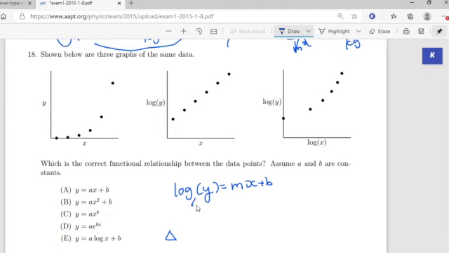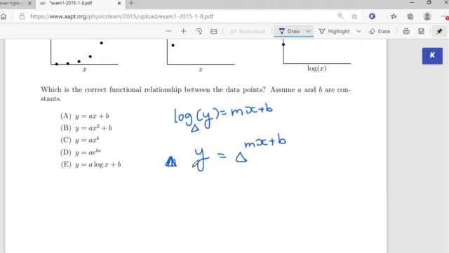So the base is triangle, so y would be equal to triangle to the power mx plus b, and only one of these options even has x as an exponent, so it has to be d.